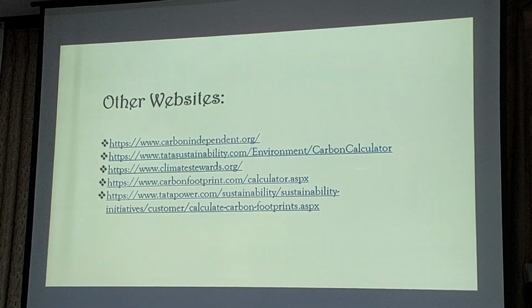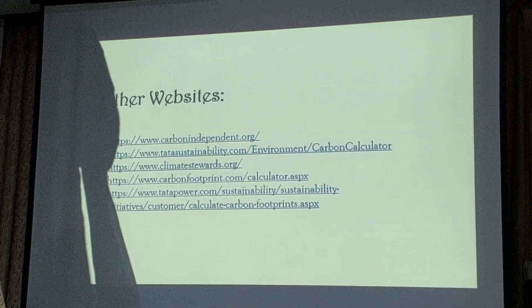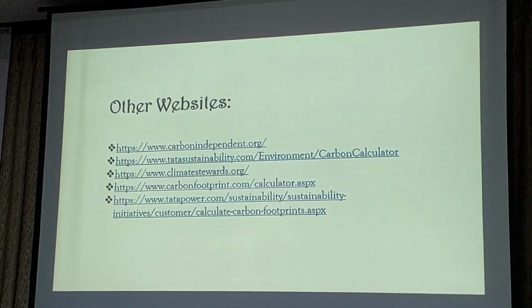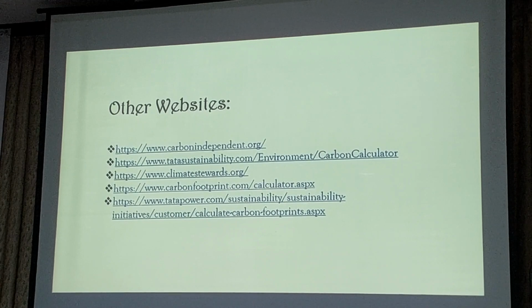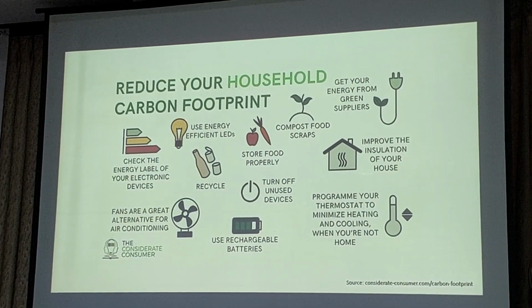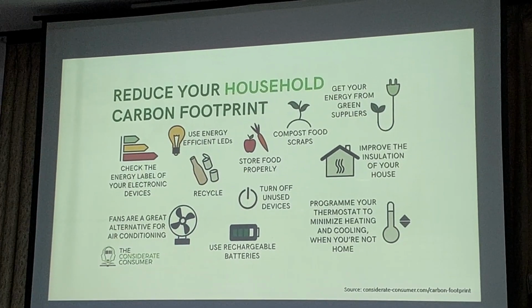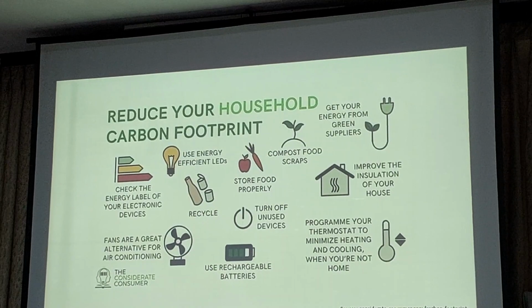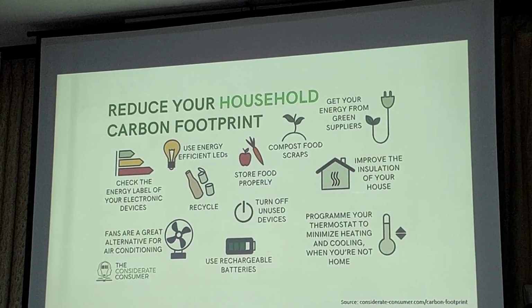So now, till now we discussed carbon footprint and handprint. As Sir said, at the individual level we have to take steps to reduce our carbon footprint. What steps can we take at the household level? One, when you're buying an electronic gadget, see the sticker on it that shows how much power it consumes, and buy based on that power consumption.